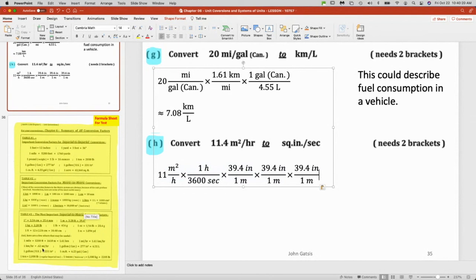See this table here that I'm circling around? I will put the table in the PDF of your test, so refer to the table, or you can print the table out on a piece of paper separately, because I don't want anybody just Googling conversions.